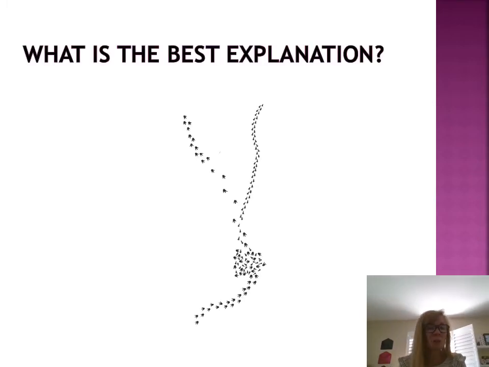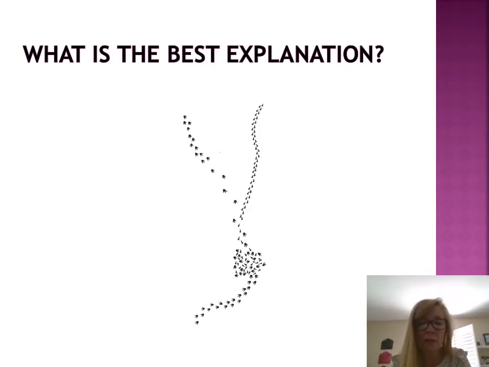Okay, now to test this out, I'm going to show you right now, after this blank slide, a slide, and I want you to look at it, and I want you to just tell me an explanation. Sorry, I had to cough. I want you to give me an explanation of what's going on here, okay? What's the best explanation? What do you think is going on?